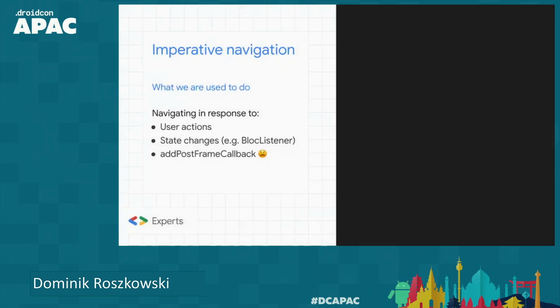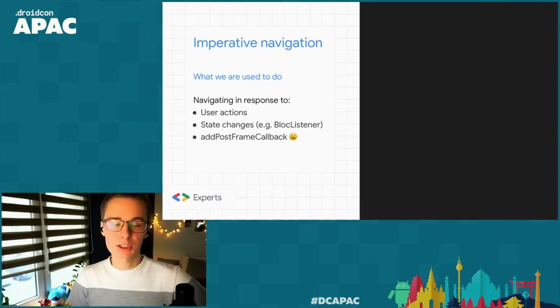Okay, so let's back up for a moment and remind ourselves how imperative navigation works. How did we manage pages or routes in Flutter before the new Navigator? First of all, we respond to some user actions or some state changes by just calling navigator.pop, navigator.push, or whatever.